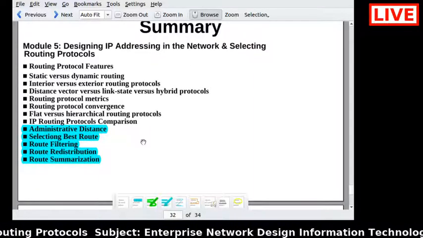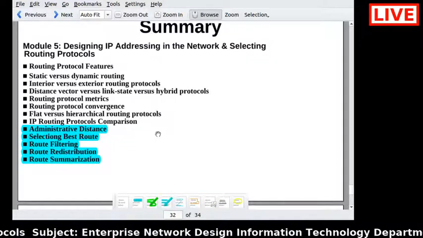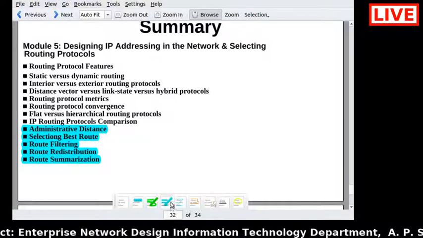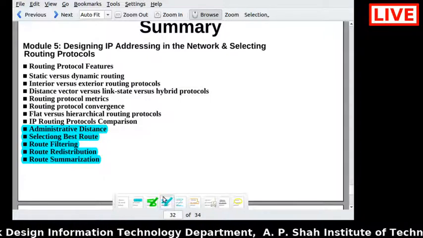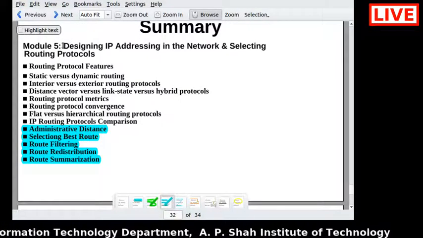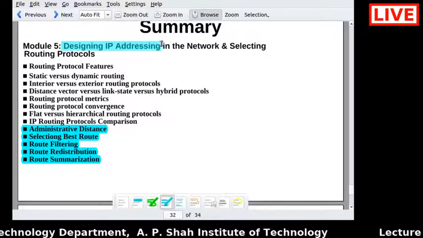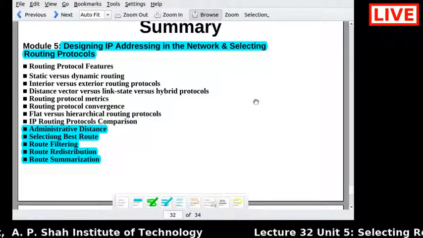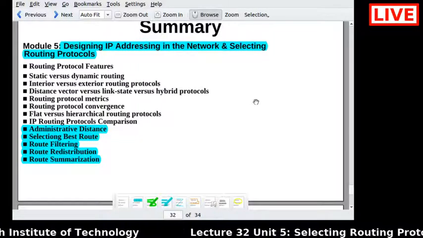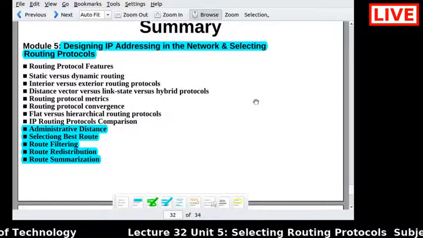So what we have covered in this particular chapter, for the chapter summary: we have discussed first of all the IP addressing plan in your network, how IP addressing can be done in any kind of network design.